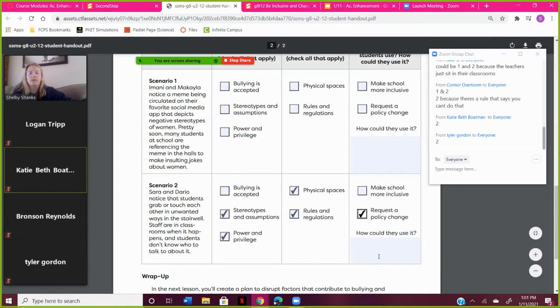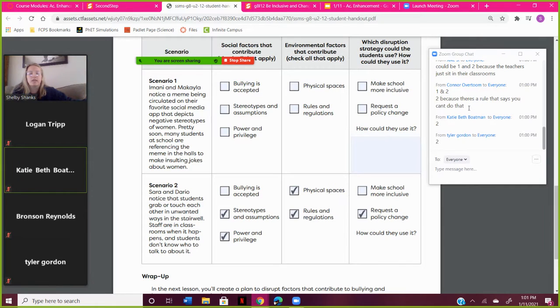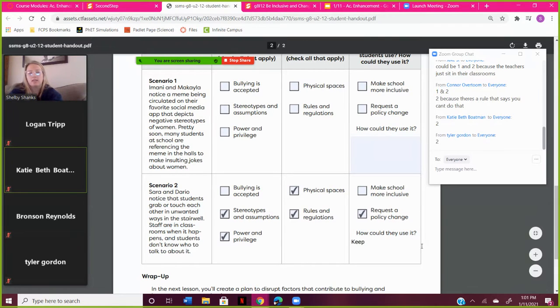We need to do something about a policy change. And Connor said there's a rule that says you can't do that, right? So there's a rule probably about keeping your hands to yourself. We learned that in elementary school, so I hope you guys know that. And it says, how could they use it? I'm just going to say keeping your hands to yourself.